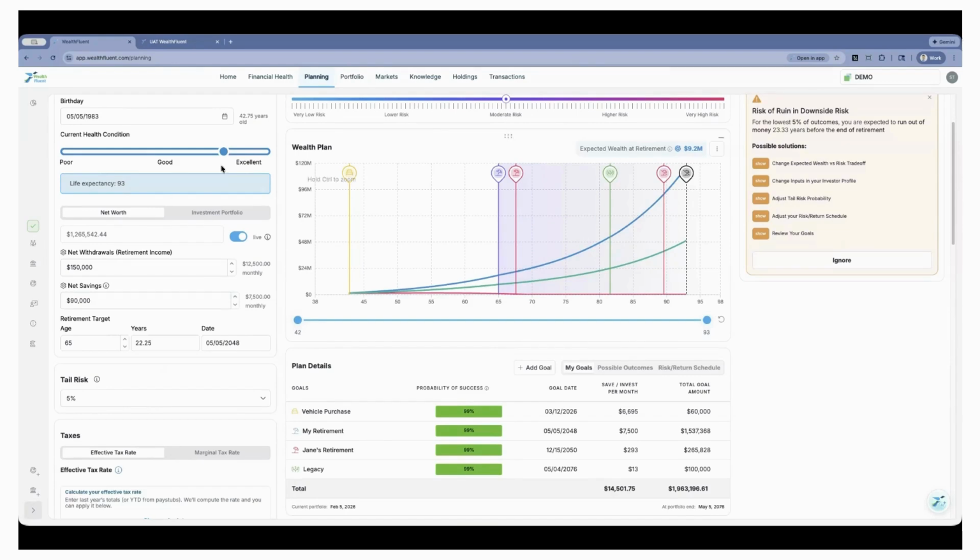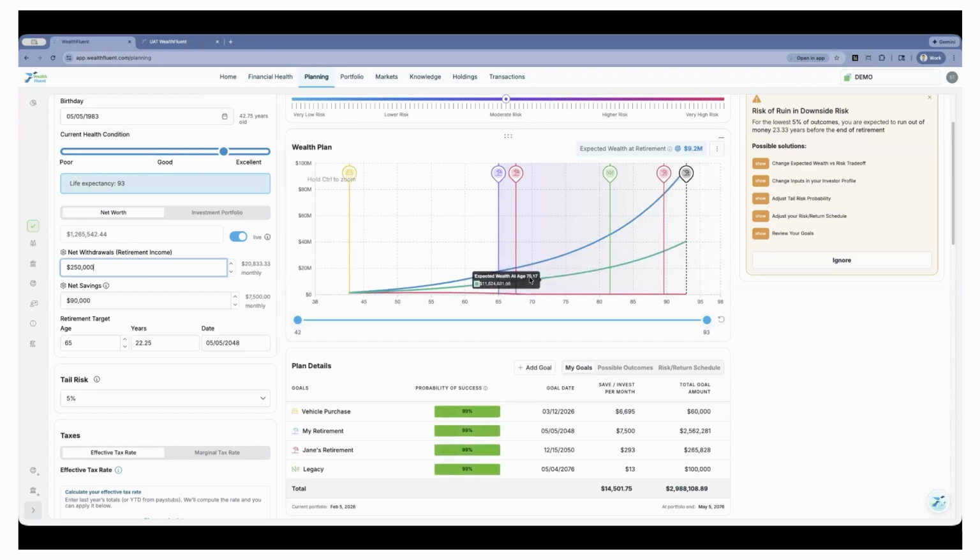Some of this comes through when you're going through the onboarding questions, but you have a sense of what you expect to be spending in retirement, what you'll need to withdraw from the portfolio in retirement. Changes to that will affect the plan and the projections of all the outcomes.